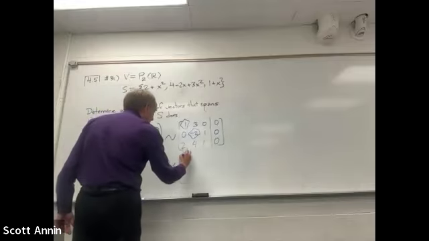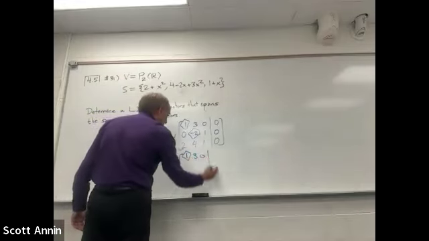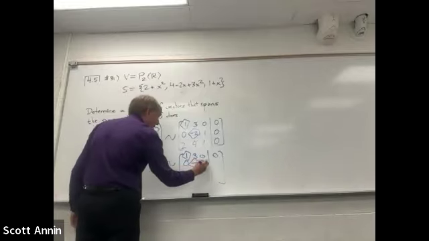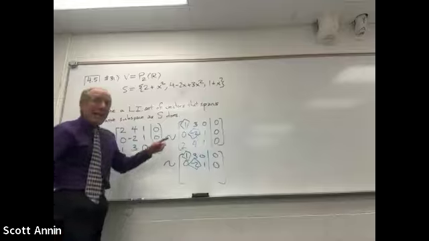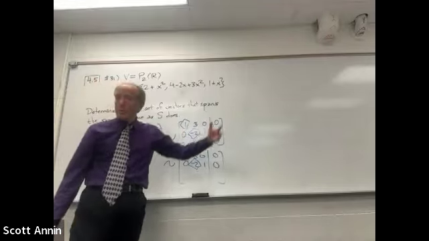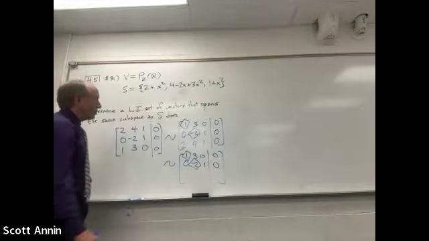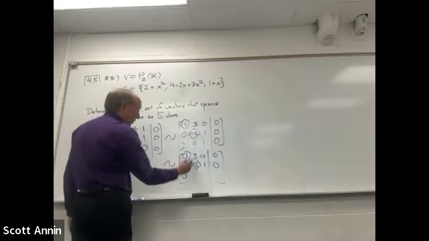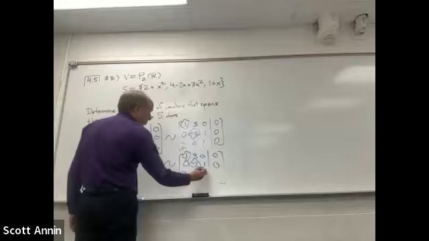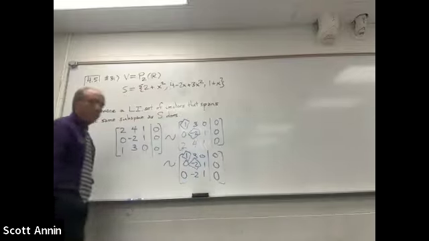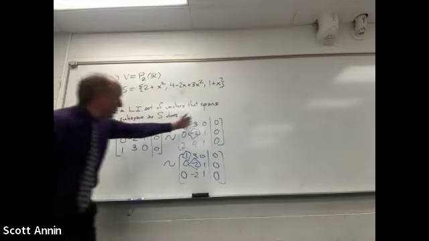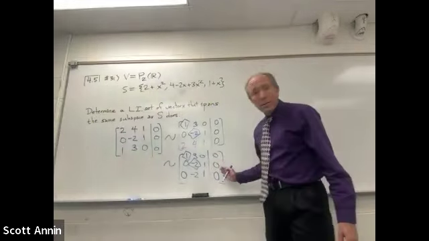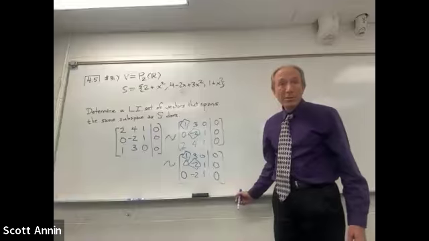So I'm going to leave the first row the same, and I'm going to leave the second row the same. But I'm going to take -2 times the first row and add that to the last row. If I do that, I'm going to get 0, -2, 1, and 0. So that's -2 times the first row added to the third row. And you see that the third row is the same as the second row.